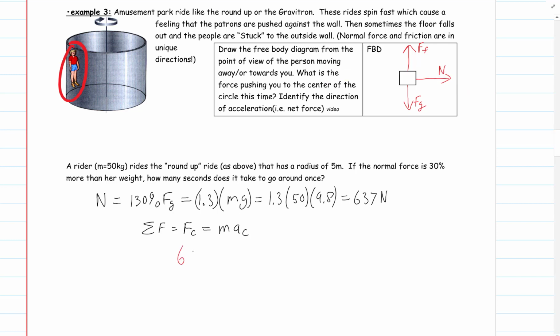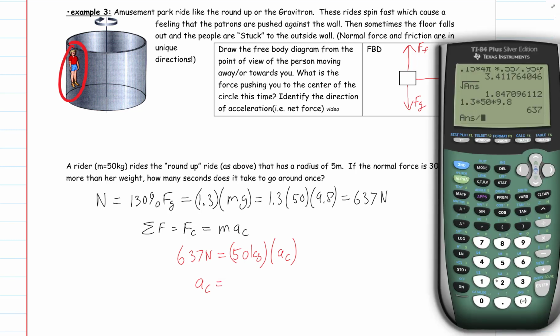So that's going to be 637 newtons, and that has to equal the mass, which is 50, times a_c. So a_c is going to equal 637 divided by 50, 12.74 meters per second squared, which is not a bad ride.